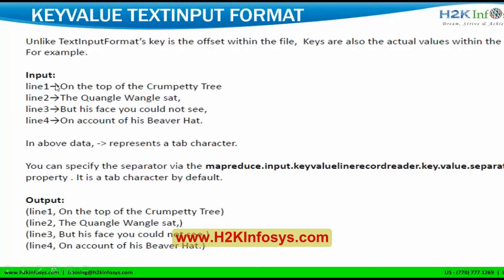So after every first tab I want to divide it into key comma value. All the contents before my tab should be key, and all the contents after my first tab should be my value. So my output would be in the form of line 1 comma on the top of the Crumpty tree, line 2 comma the wangle sat, line 3 comma but his face you could see, and line 4 comma on account of his beaver hat.